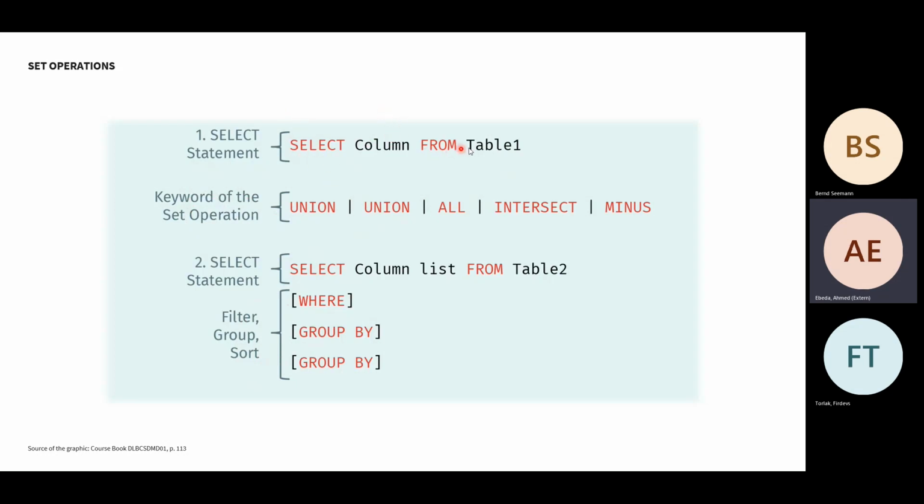We write select column from table one, and then you add the set operation, like union with something, or union all to get everything applying this filtration, or intersect with this filtration, or minus to get from this column from this table and then remove some data based on this filtration. So this is the set operations.